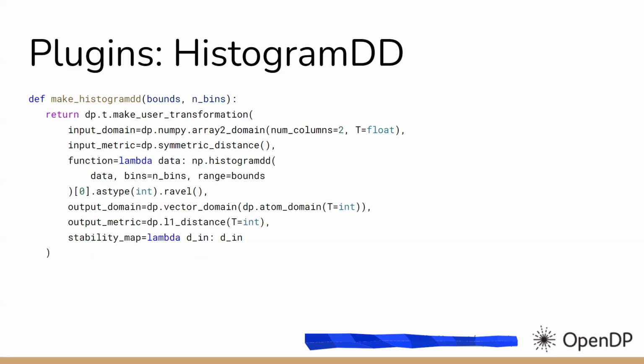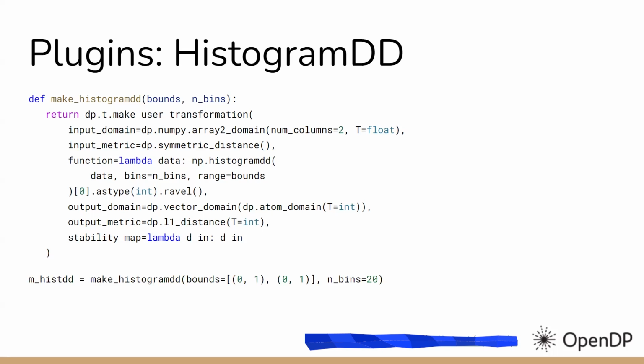Great. So at a high level, this whole thing is saying that when you compute a d-dimensional histogram over this two-dimensional array, then outputs can differ in terms of an L1 distance, and we have a stability map that doesn't increase the distance between output data sets.